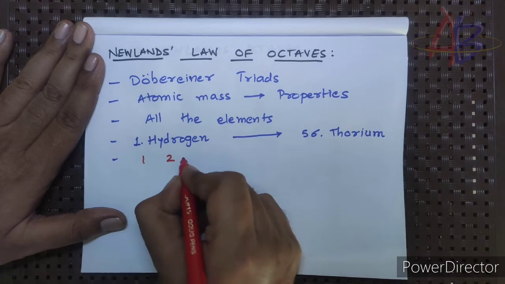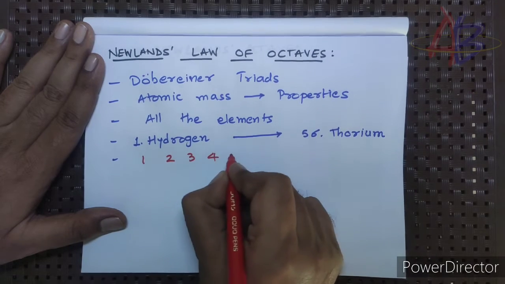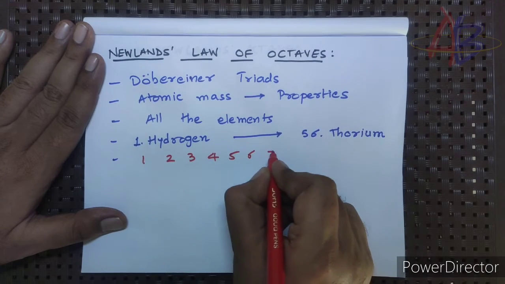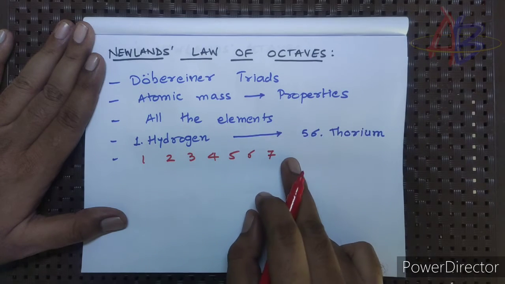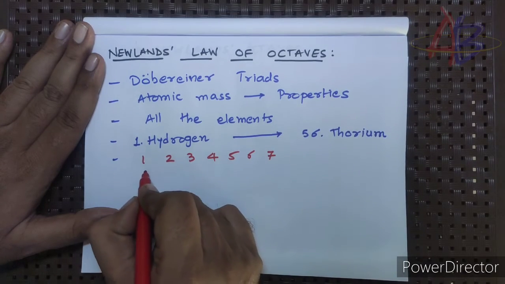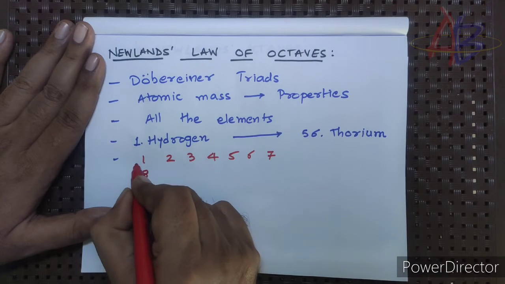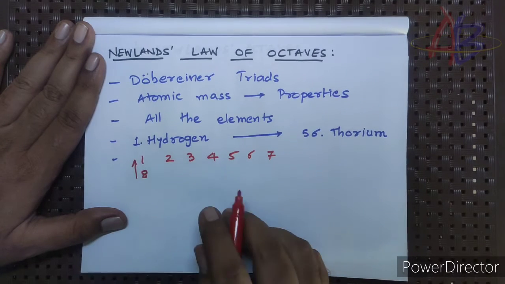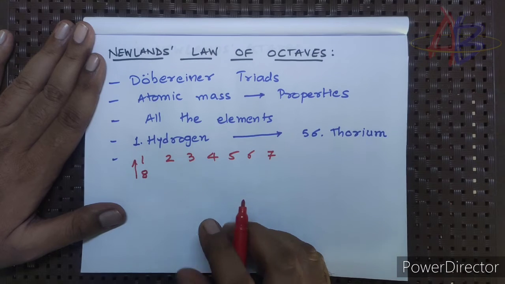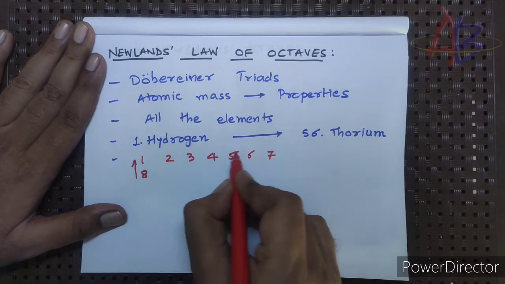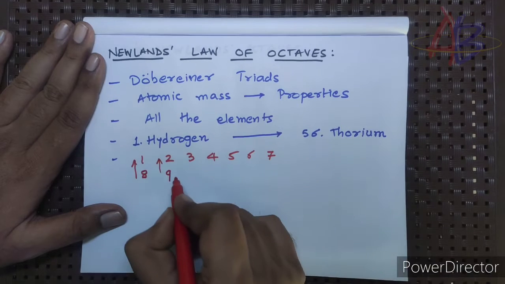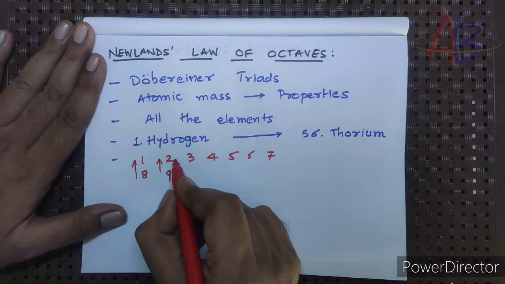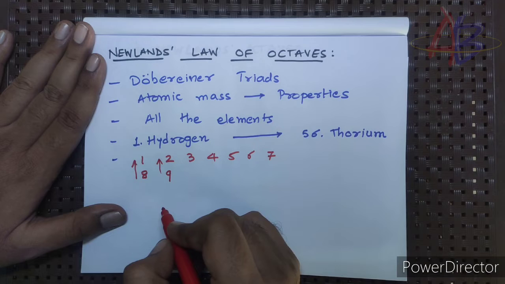Every eighth element actually shows repetition of properties. That is, after placing elements in the ascending order of their atomic mass, the eighth element shows similar property to that of the first element. Similarly, the eighth element after the second would be the ninth element, that would show similar property to the second element.